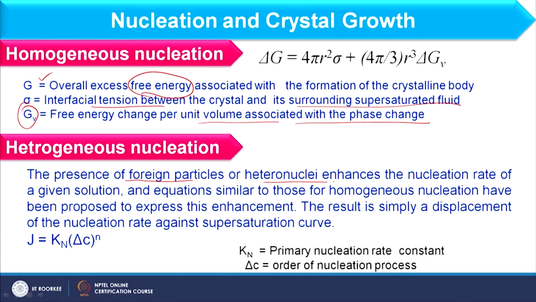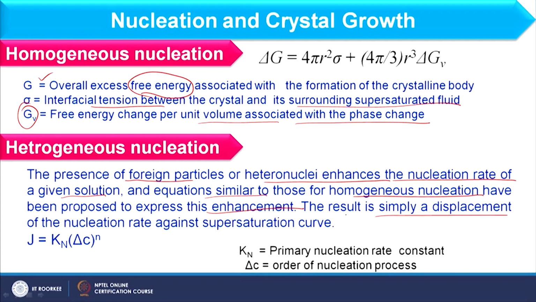Similarly, in heterogeneous nucleation, the presence of foreign particles or heteronuclei enhances the nucleation rate of a given solution. Equations similar to those for homogeneous nucleation have been proposed to express this enhancement.